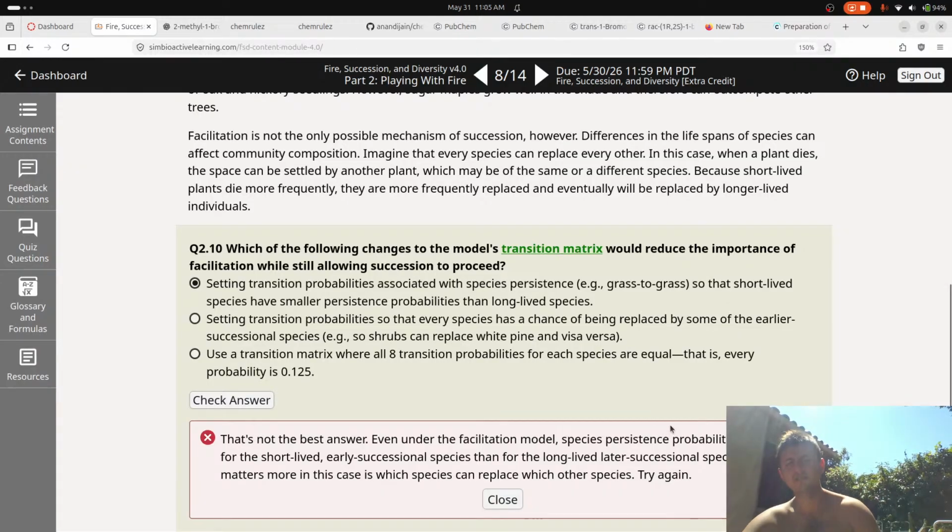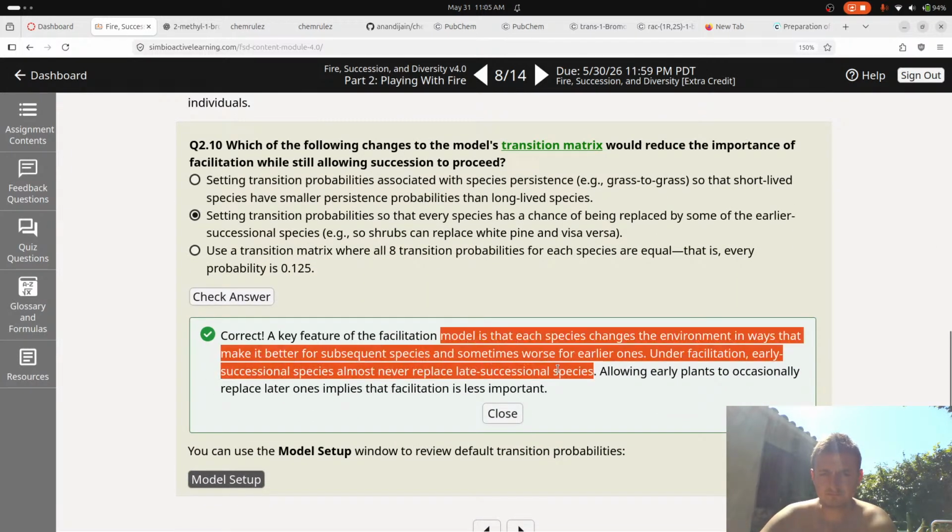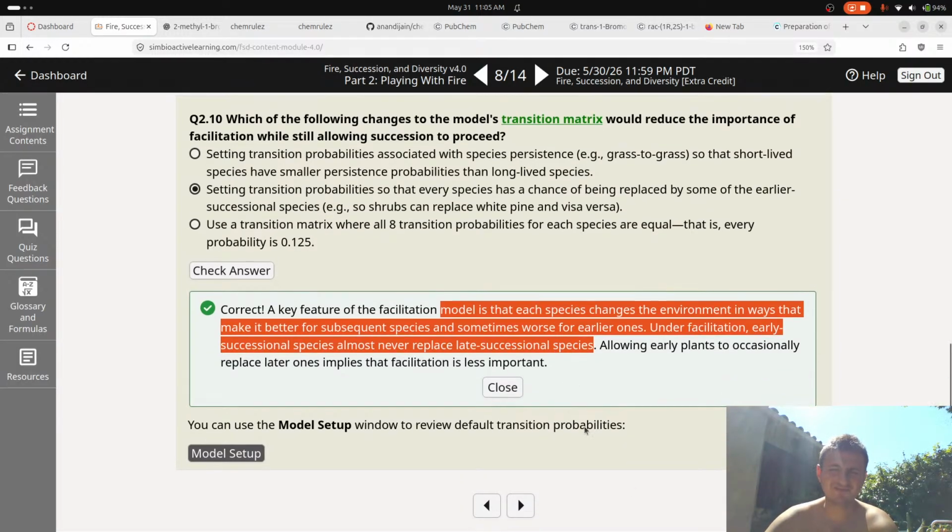So persistence is the diagonal of the matrix. Maybe. I don't know. That seems a little tenuous to me.